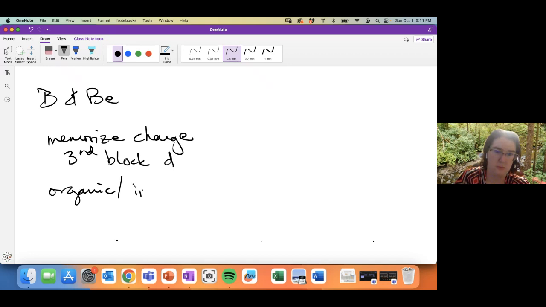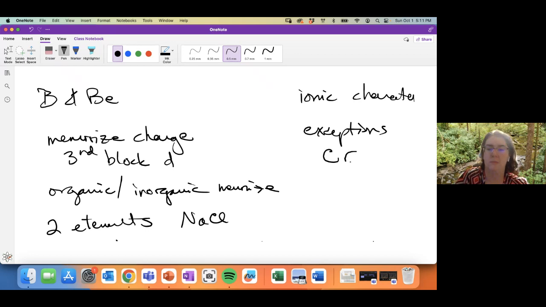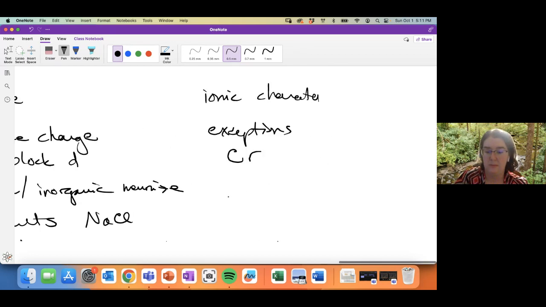For covalent compounds, if you are just given 2 elements, how do you know how many there are of each metal? Can you explain ionic character? Can you explain what the exceptions are? For instance, you mentioned chromium. What did you mean by that? The professor just mentioned all of them. I'm sorry.